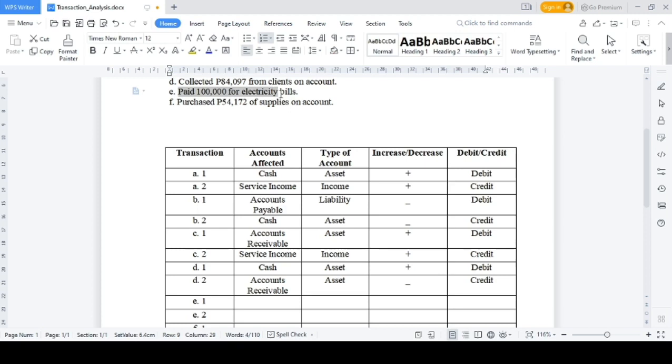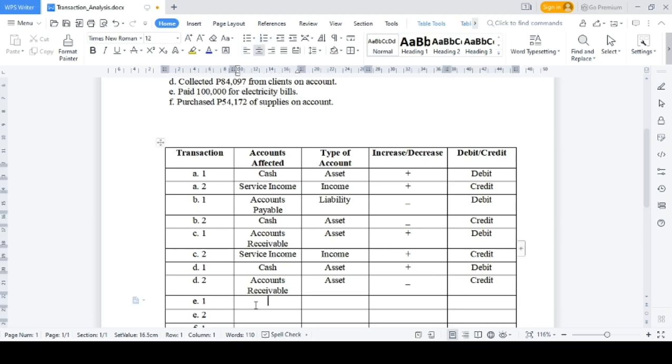Letter E. For letter E, paid 100,000 pesos for electricity bills. So the business paid 100,000 pesos for electricity bill. Accounts affected, cash and electricity expense. This is an example of an expense in a business. So we will put first electricity expense.